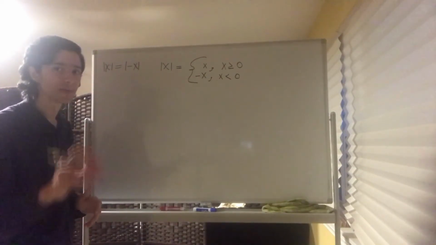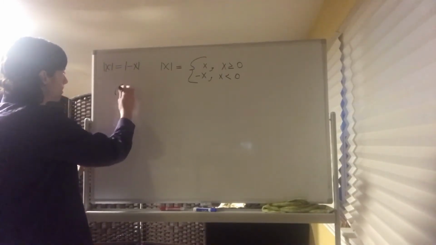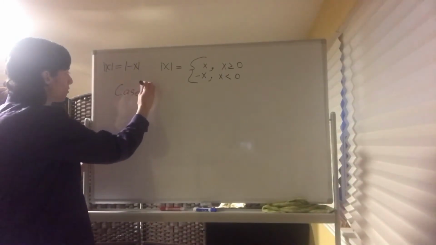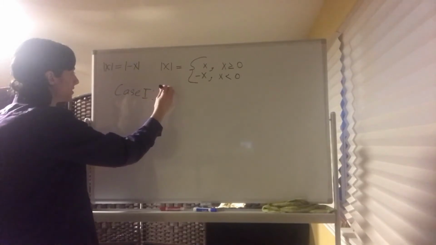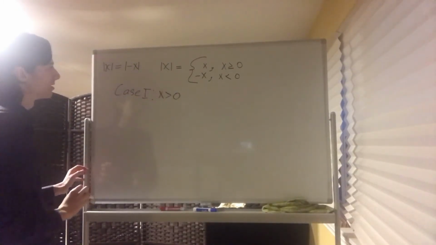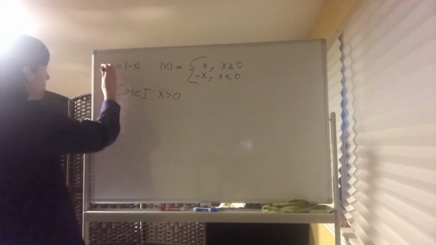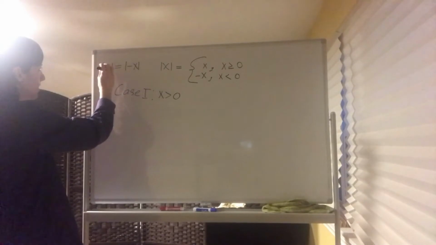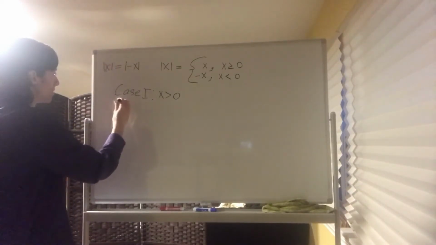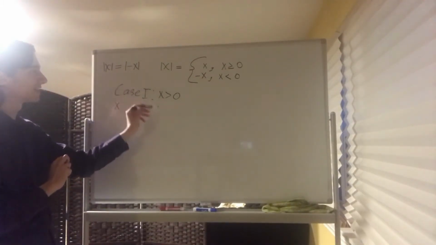From there, let's look at our two main cases. The first case being where x is positive. So case 1, we can say x is greater than 0. So if x is greater than 0, therefore absolute value of x is equal to x. So we take our argument here, it's positive, so it's equal to the same thing. So we have x. Then now negative x is less than 0, right?